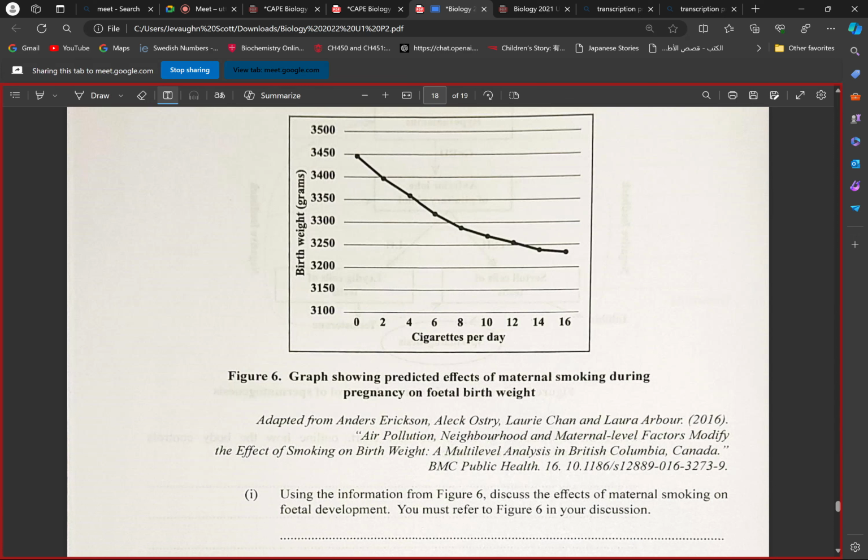So when the fetus is born, they're underdeveloped, as seen by the lower birth weight, because of the lack of oxygen, the fetal hypoxia, as well as the reduced blood flow, reducing the nutrients and everything that the fetus may need.